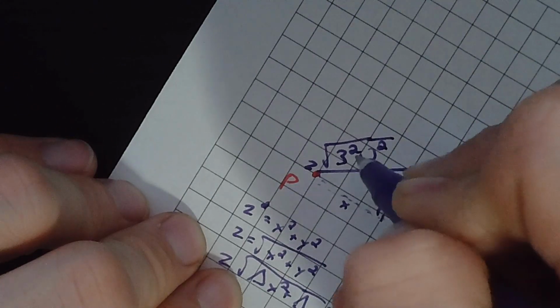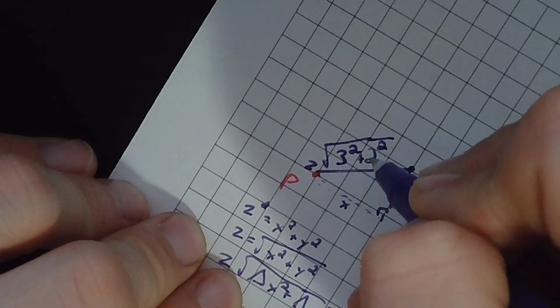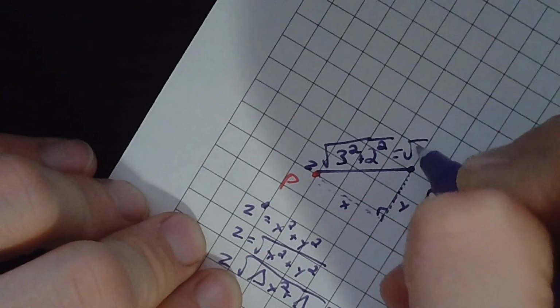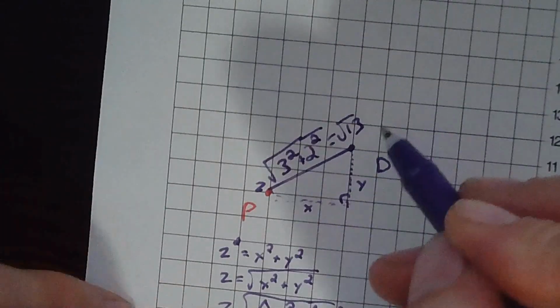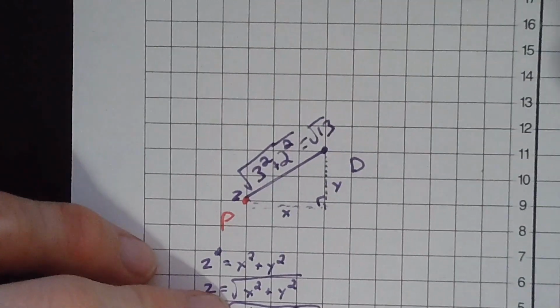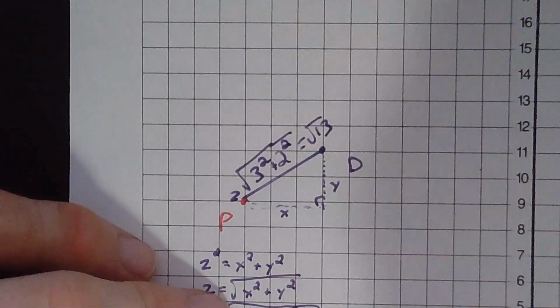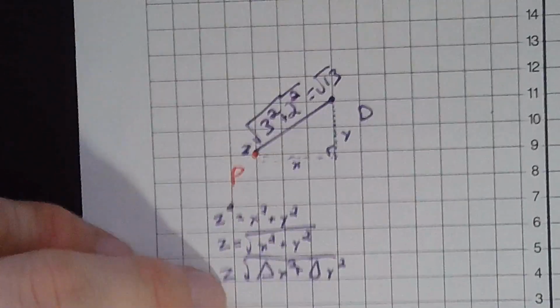So 3 squared is 9, plus 2 squared is 4. 9 plus 4 equals 13, so the square root of 13. So this value here is the square root of 13, which comes out to be like 3.6 something. We're just going to leave it as square root of 13 because that's a lot easier to write than 3.6 and a bunch of other numbers. Okay, so that's the square root of 13.